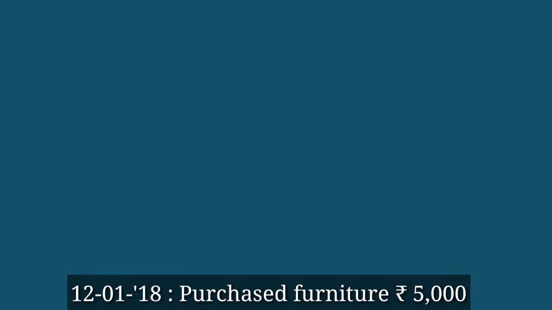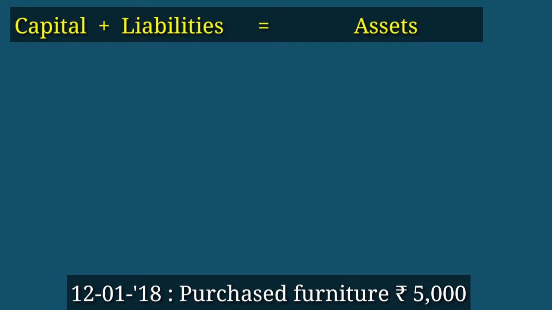Then the next question. On 12th January 2018, purchased furniture rupees 5,000. This transaction also we can prove in the accounting equation. Here we are purchasing furniture. Furniture is an asset, so here an asset is increasing.